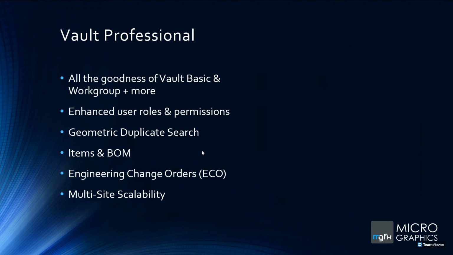It includes items and BOMs, and we'll go through items and BOMs, but basically, in a nutshell, items can group data together for handling towards the end goal of putting it into an ERP system. Vault Professional also has your engineering change orders, where you can have an automated system of controlling change orders for data, as well as multi-site scalability.